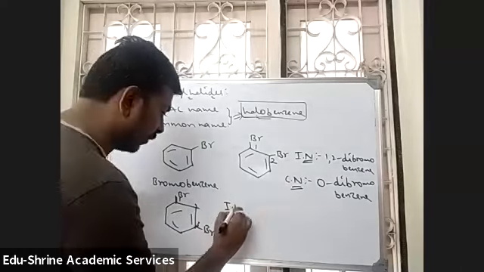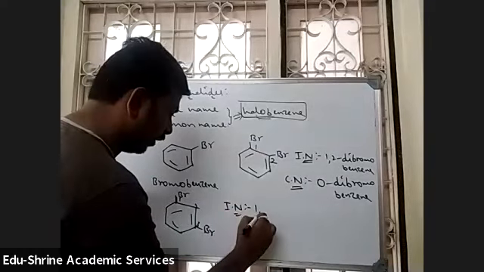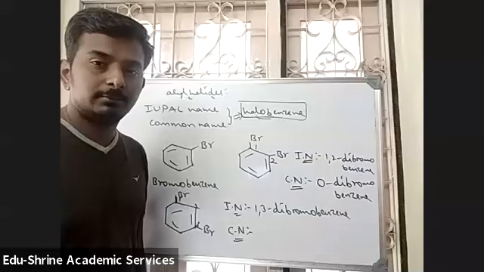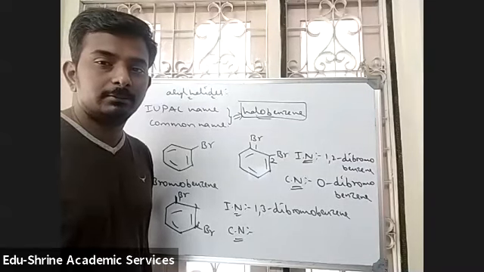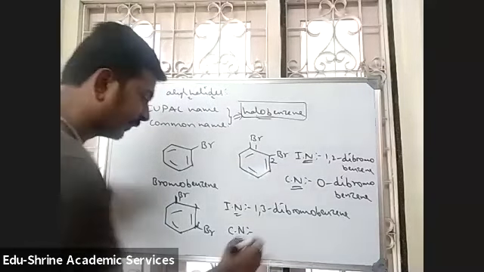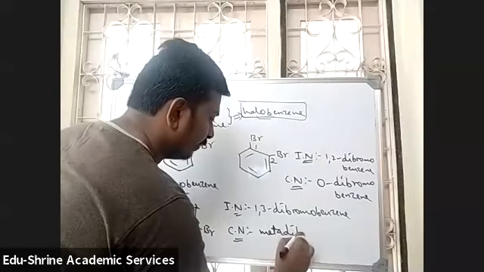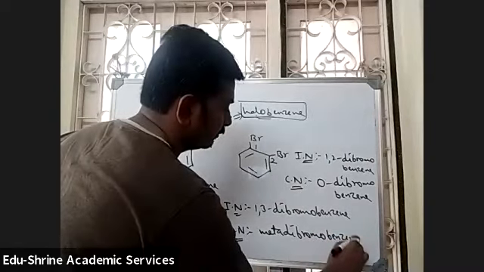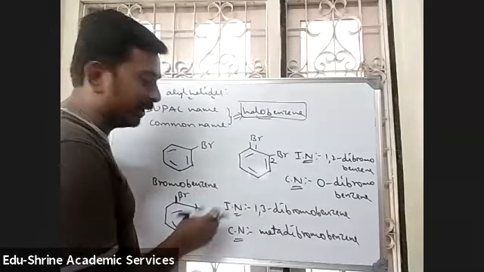So the IUPAC name is 1,3-dibromobenzene. Next, the common name. Meta, so it is meta-dibromobenzene. See here, you might say 1 and 5 should be given, because double bonds must get the lowest possible number.